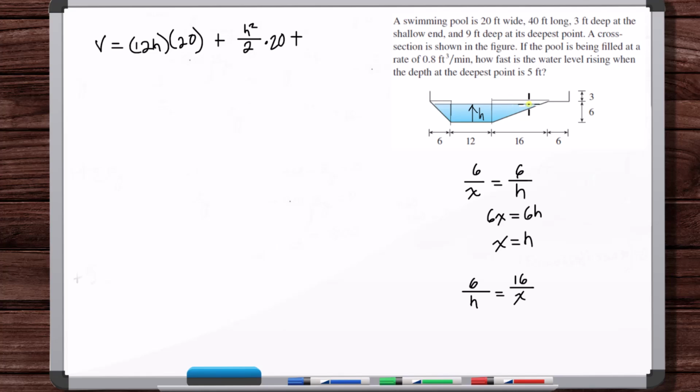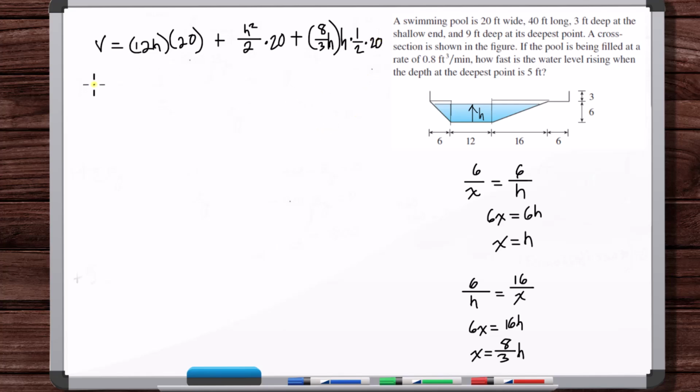This is the unknown length x that we need, the base of the triangle that's created by the water. Now let's solve for x. 6x is equal to 16h, so x is equal to 8/3 h. The area of this triangle is base, which is x, 8/3 h, times height divided by 2 times 20.